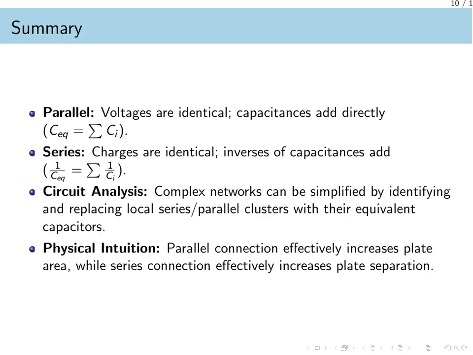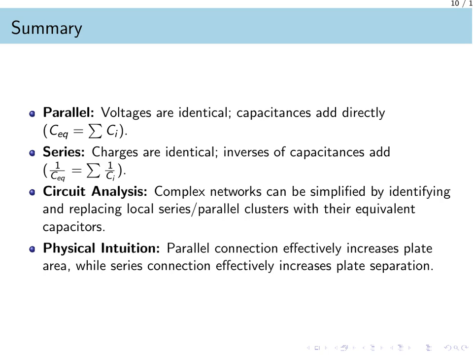Let us summarize what we have covered. For parallel combinations, the voltages across the capacitors are identical, and the total equivalent capacitance is found by adding the individual capacitances directly. For series combinations, the charges stored on the capacitors are identical, and the equivalent capacitance is found by adding the inverses of the individual capacitances.